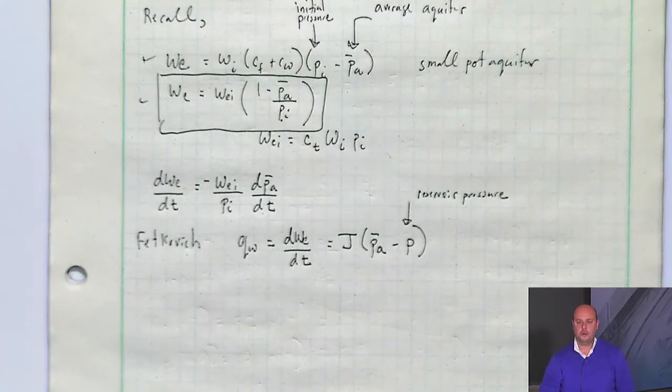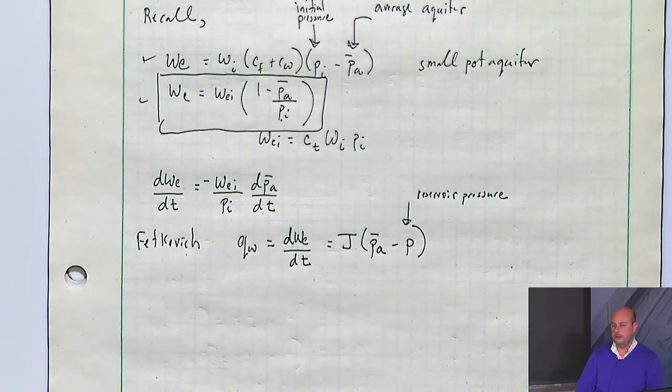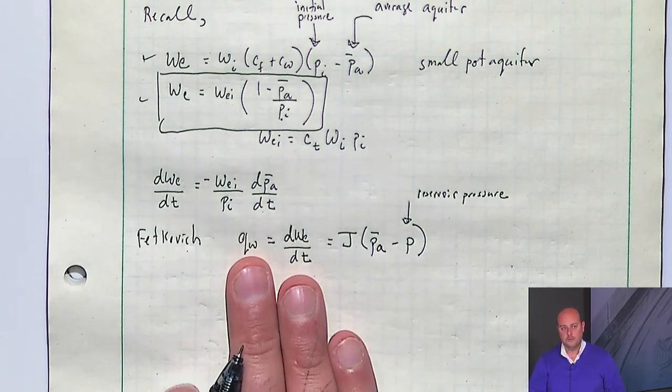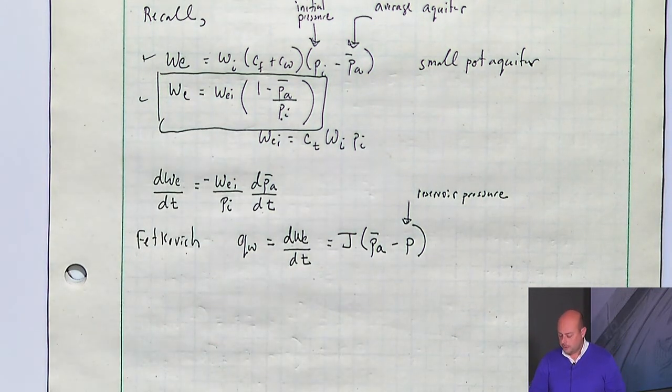Now this equation should look familiar to you, especially since you just had a quiz on Friday and had to watch my Reservoir 1 video. We used this equation for pseudo-steady state flow from a reservoir into a wellbore, so it's completely analogous. This is the water influx rate from the aquifer into a reservoir.